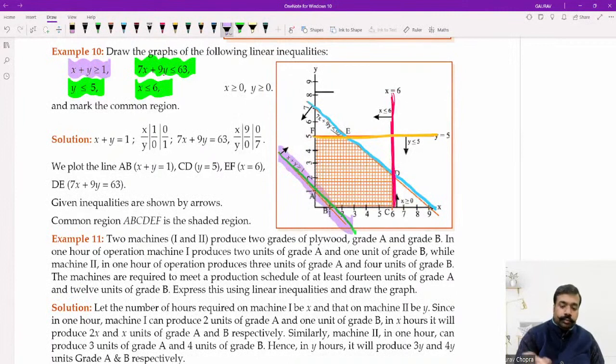So that is why the marking will be away from origin. But for all others, the marking will be inside. It is inside. For this also it will be inside. For red also it will be inside. So the inside area becomes the common area. This is the common area.